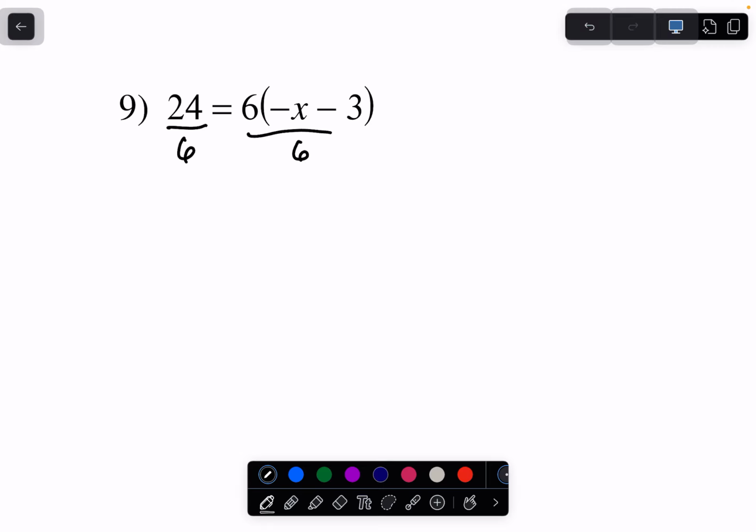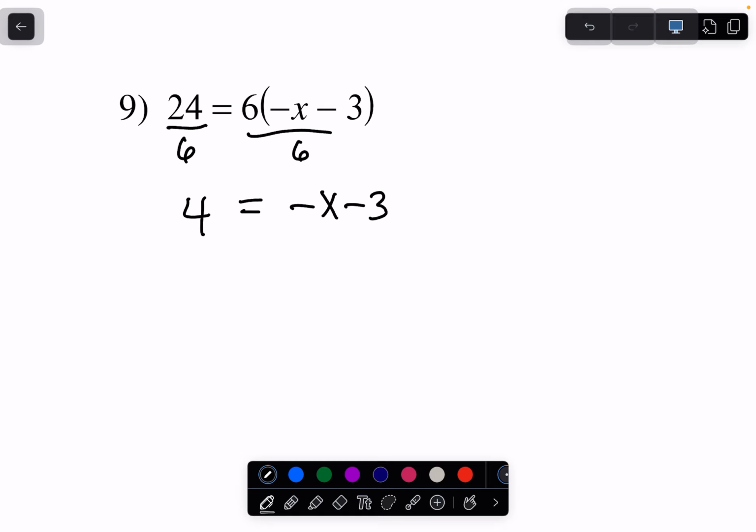The rule of equality says that as long as you do the same multiplication, division, addition or subtraction on either side, it doesn't affect your outcome. So because 24 is so nicely divisible by 6, why not? So we get 4 equals the quantity that was inside, negative x minus 3. So I do prefer that method.